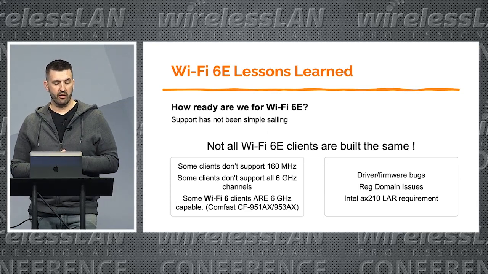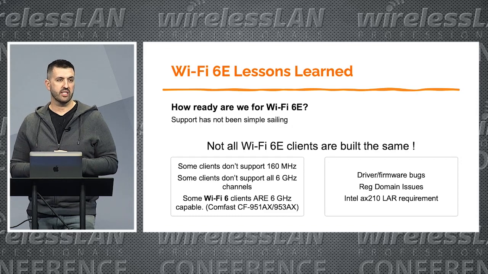We've also seen, very interestingly, some Wi-Fi 6E clients that are marketed and advertised as Wi-Fi 6 clients that actually support some 6 gigahertz channels. So with MediaTek, ComFast has come out with the 951AX and 953AX. They're both based on the MediaTek chipset, which is 6 gigahertz capable, but they market them as Wi-Fi 6 USB adapters.